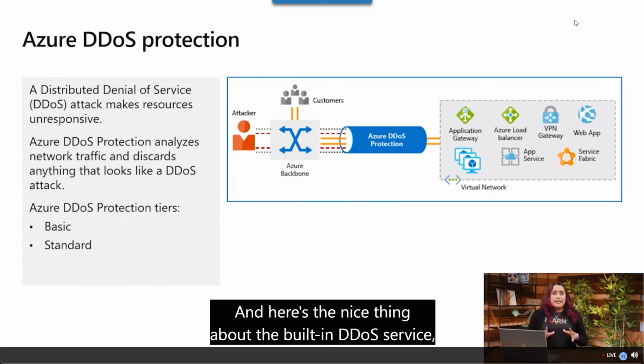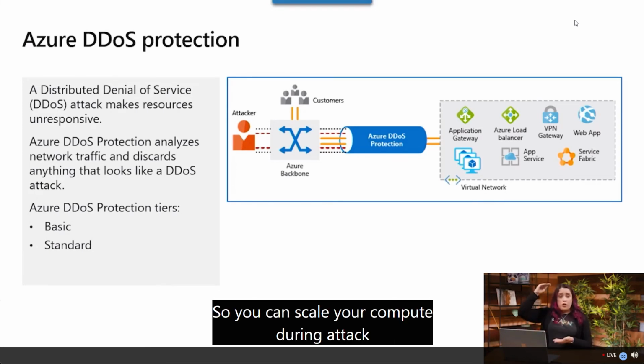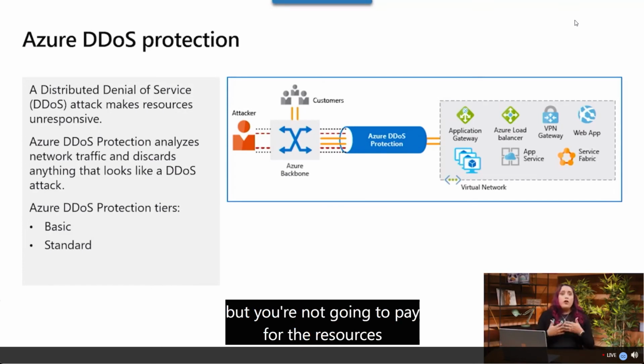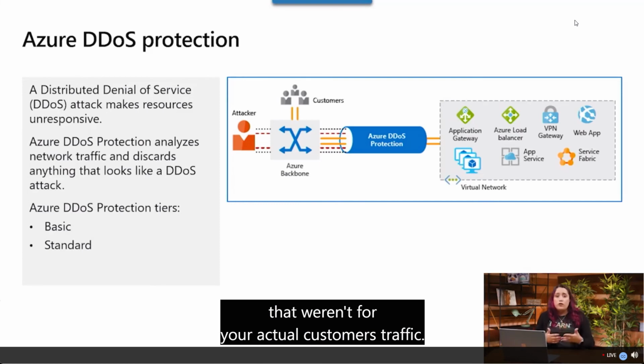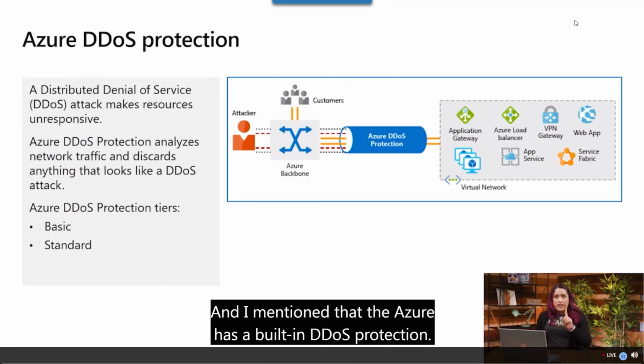And here's the nice thing about the built-in DDoS service: since you're in the cloud, it can provide an elastic response. So you can scale your compute during an attack. That way you can still support the real traffic, but you're not going to pay for the resources that weren't for your actual customers' traffic. And I mentioned that Azure has built-in DDoS protection.